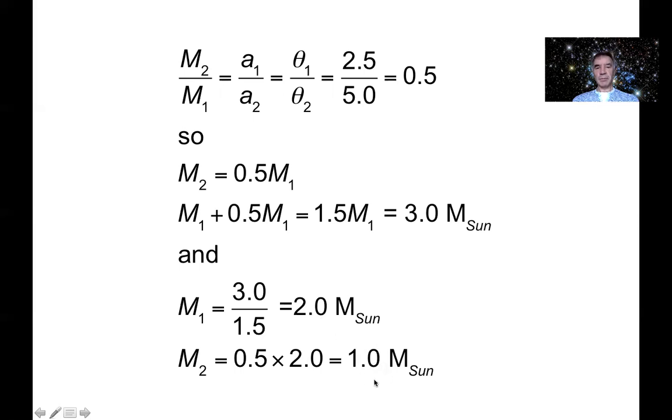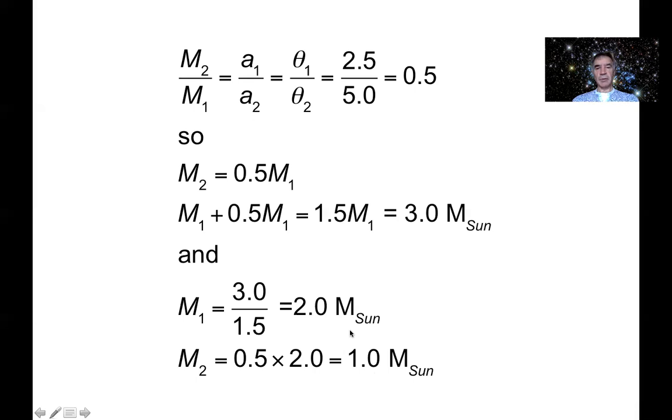But the other star is 1 solar mass, but it's much fainter. So that's telling us already that it can't be a main sequence star, because it's much fainter. You saw a picture in an earlier lecture, and that is telling us that it must be much smaller. So this is actually a white dwarf star. So Sirius B is a 1 solar mass white dwarf star.